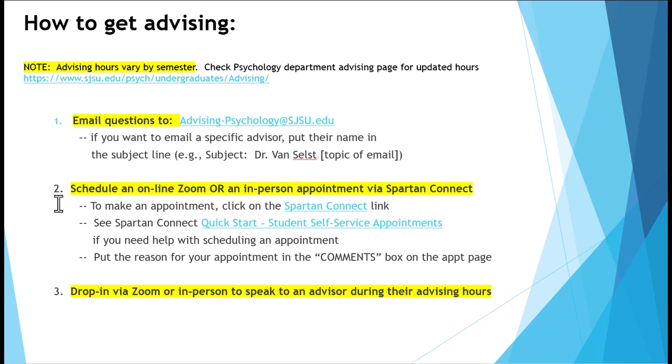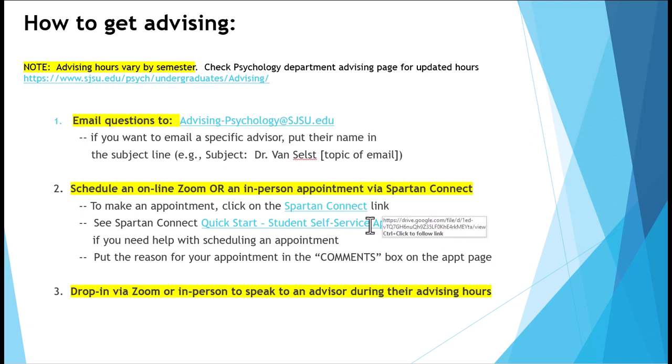Okay. Another way to contact an advisor is to schedule an online Zoom or an in-person appointment with them. So again, if you go to the psychology advising page and scroll down, you can see all of the advisors' availability. There are links next to our hours that you can use to make either an online Zoom or an in-person appointment.